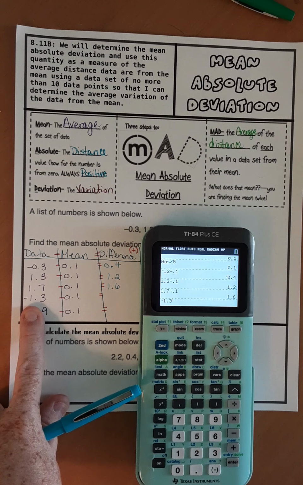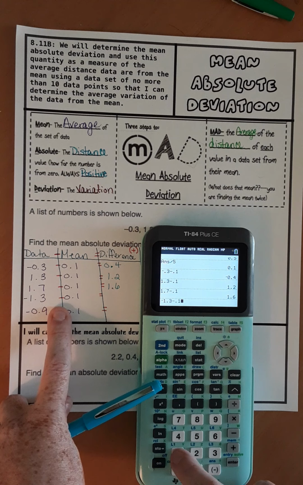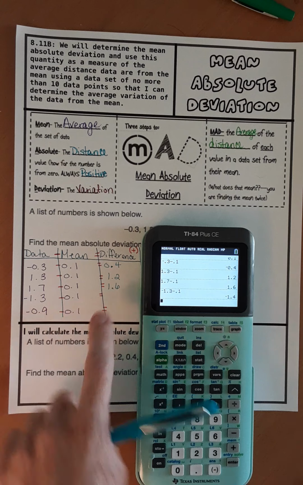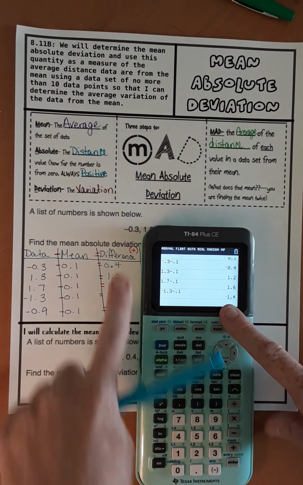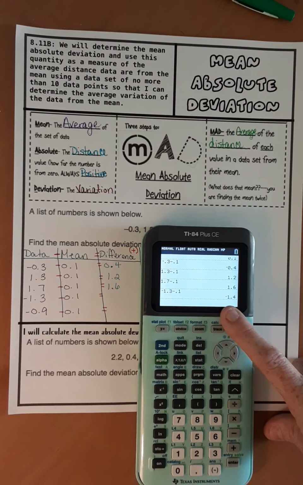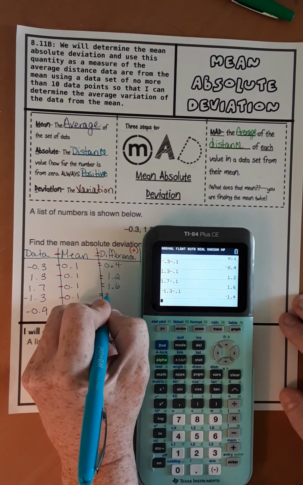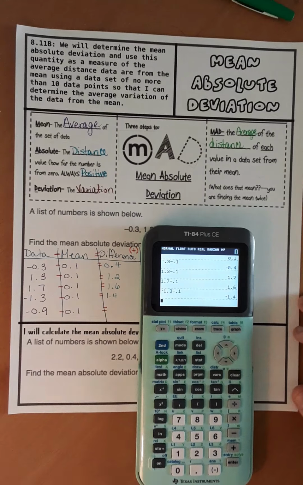Negative 1.3 minus 0.1, we get negative 1.4, but again, we're going to ignore the negative sign. That's what this positive here in parentheses means. So we'll just record the 1.4.